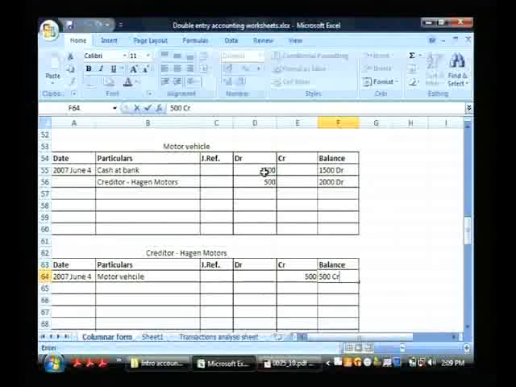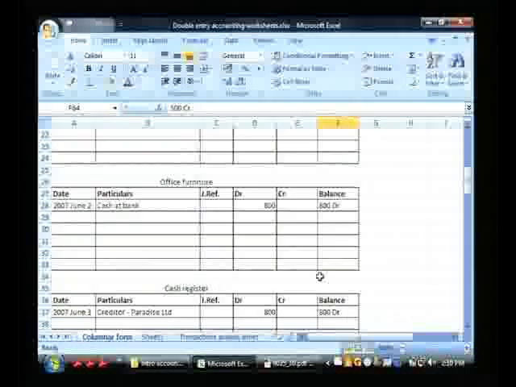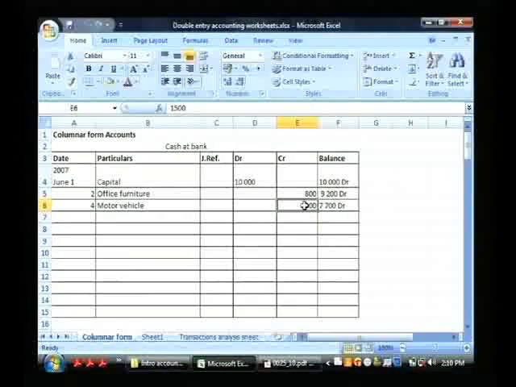Now if you want to look at the double entries, cash at bank credit and motor vehicle debit, Hagen Motors credit and motor vehicle debit. The total debit is 2000, which is equal to 500 credit here in Hagen Motors and 1500 credit in cash at bank account.